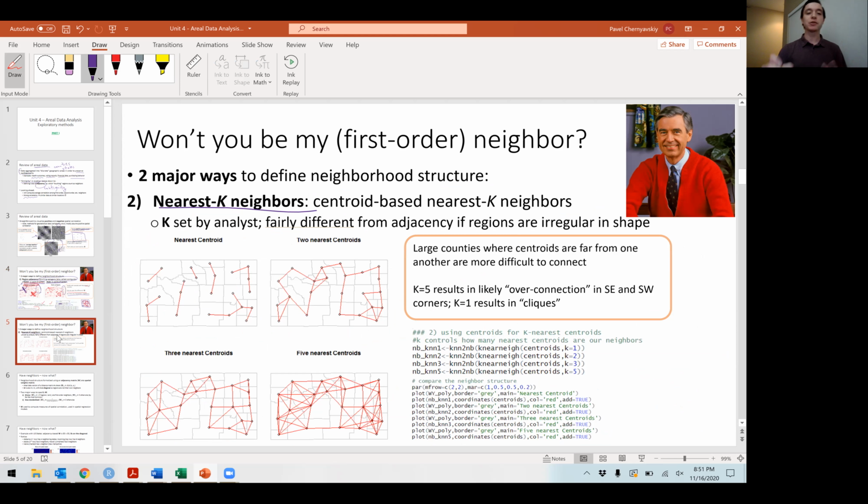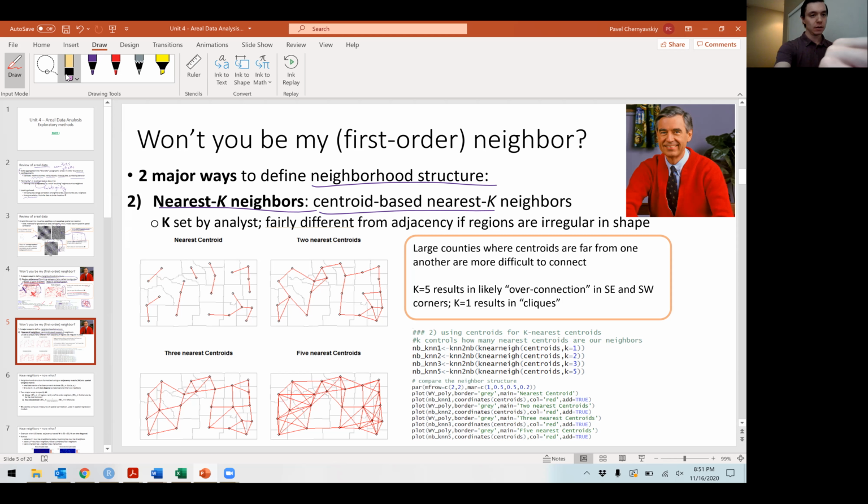Our second major way to define a neighborhood structure is not to track which polygons are touching and in what way, or at how many points exactly they're touching. It's to find our centroids, right? Find our centroids, little points. I missed those two completely, didn't I? Find our points that represent the middle of every county, and then use a nearest k neighbors.